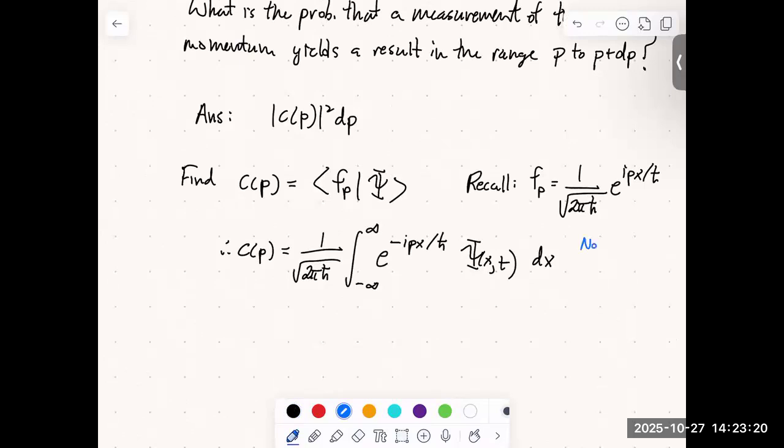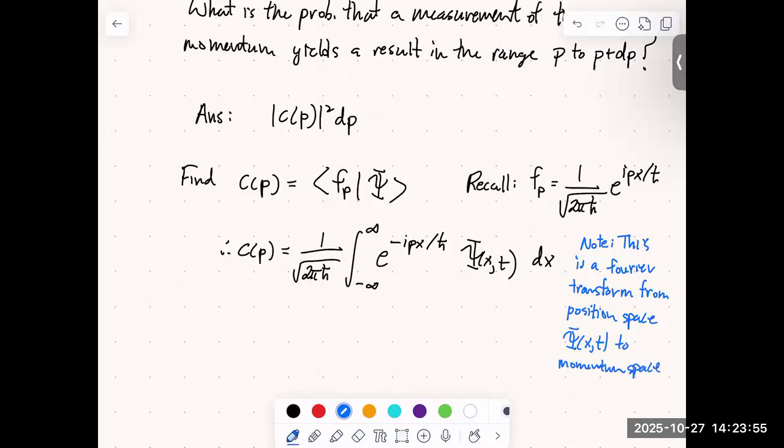Note that this is a Fourier transform from position space psi of x,t to momentum space Cp.